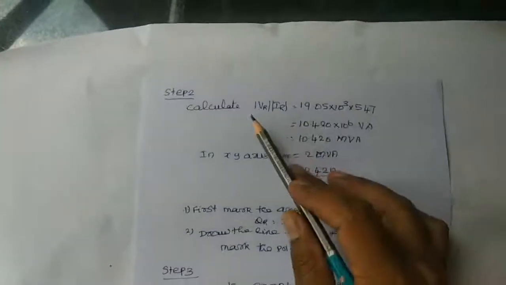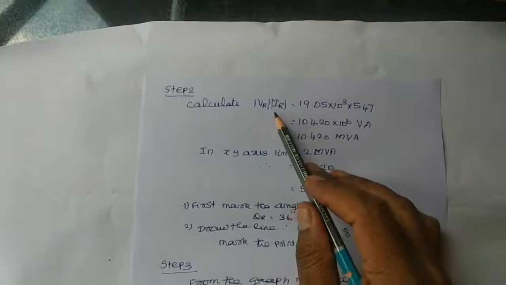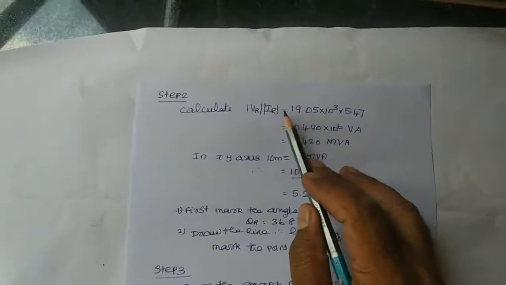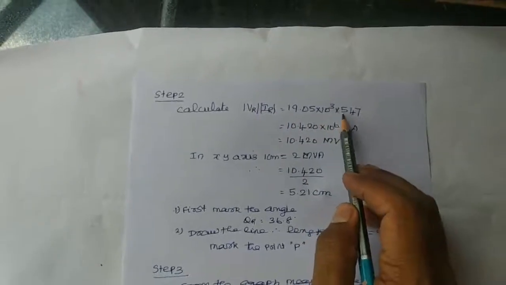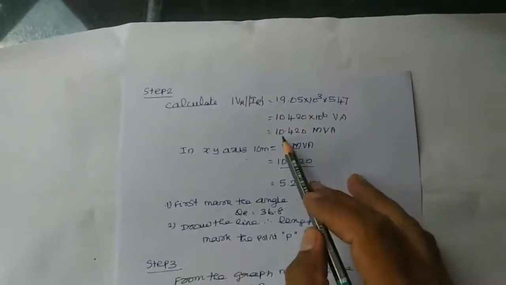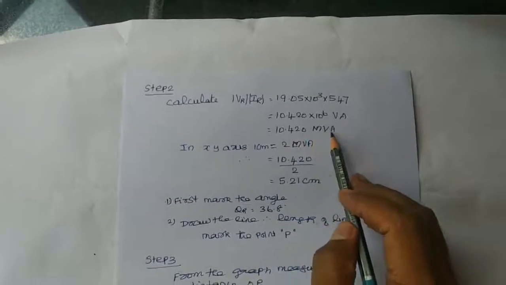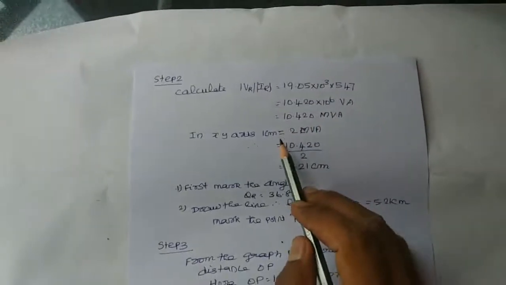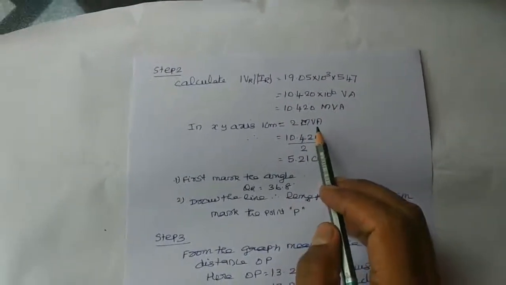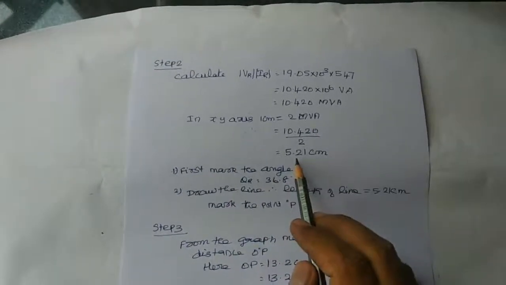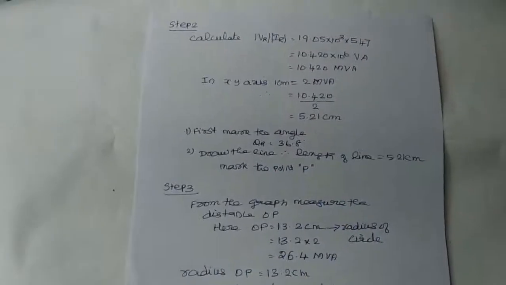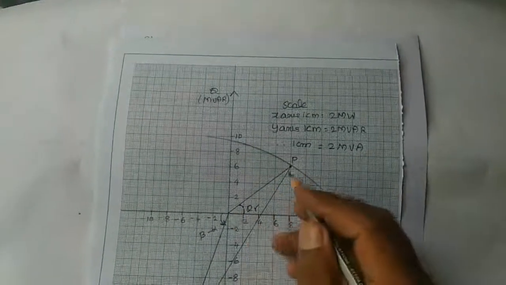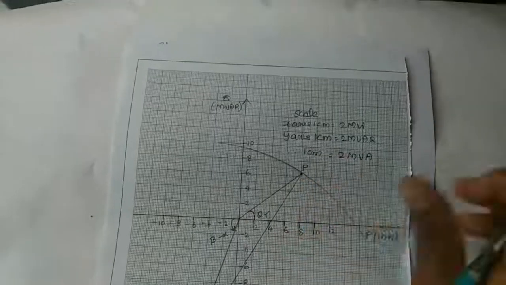Then in step 2, find VR into IR, which is equal to the VR value 19.05 into 10 to the power 3, times IR, 547, which is equal to 10.42 MVA. In the XY axis 1 centimeter equals 2 MVA, so we are getting 5.21 centimeters. How to draw the line from the origin point to point P?